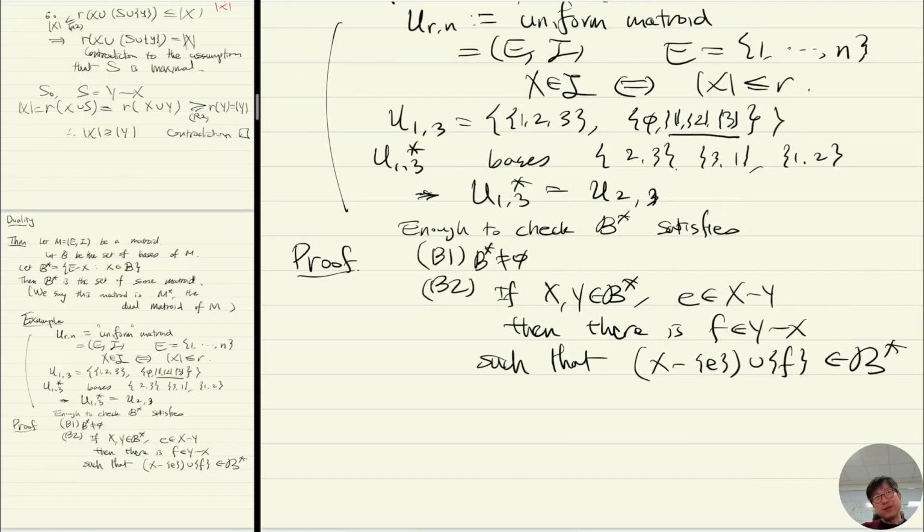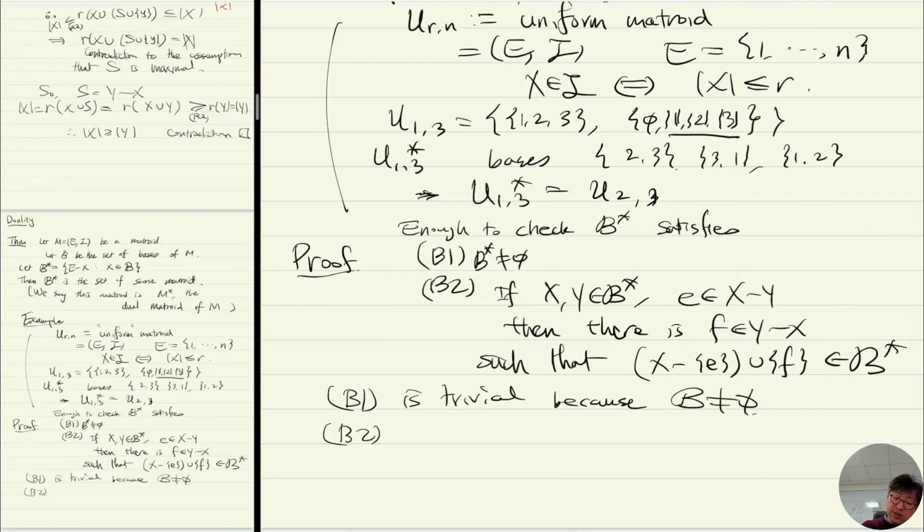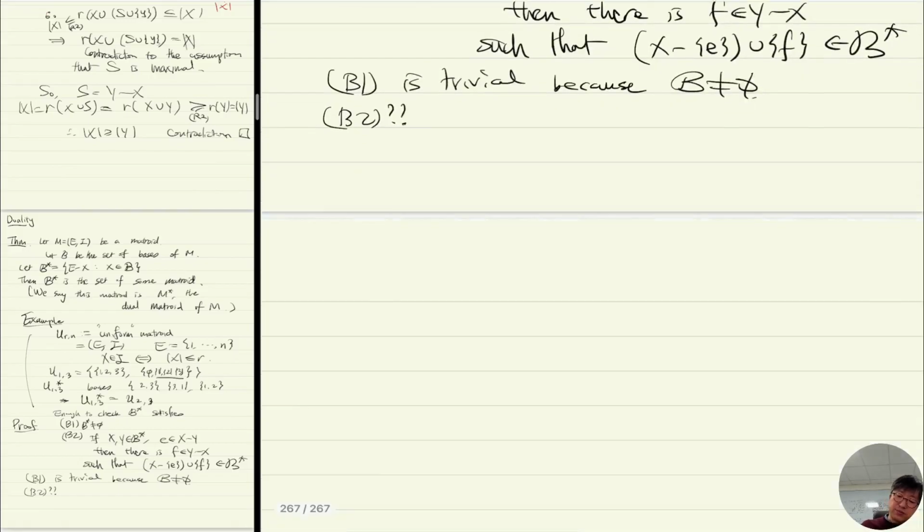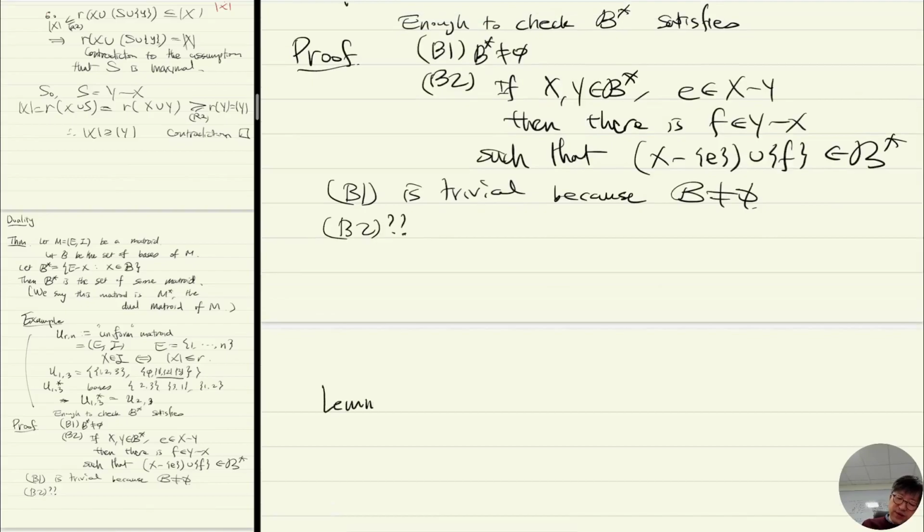Now we need to check these two properties. B1 is trivial because we knew that this is non-empty. How about B2? In order to prove B2, we need to prove the following. X, Y are in B star. That means the complement of X and the complement of Y are bases, right?